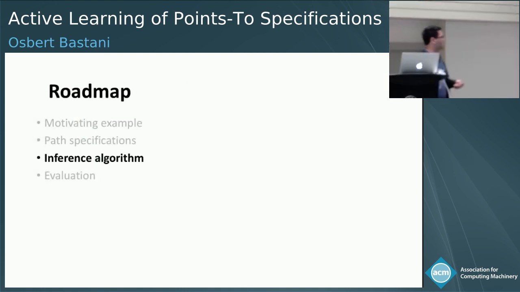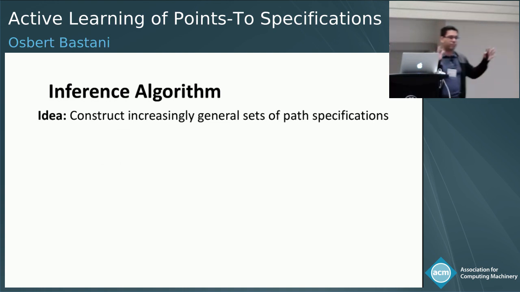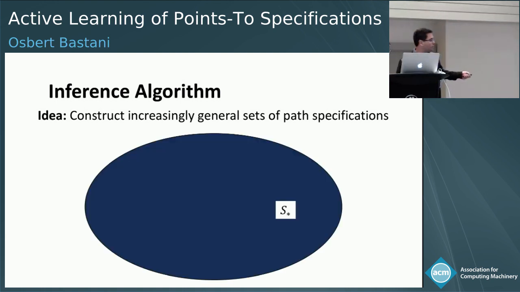So now I'm going to talk about our inference algorithm. Just to give some very high-level intuition, our inference algorithm proceeds by constructing increasingly general sets of path specifications. If you think of this blue oval as being the set of ground truth path specifications, it soundly models library code and it's as precise as possible, so it doesn't include any spurious path specifications.